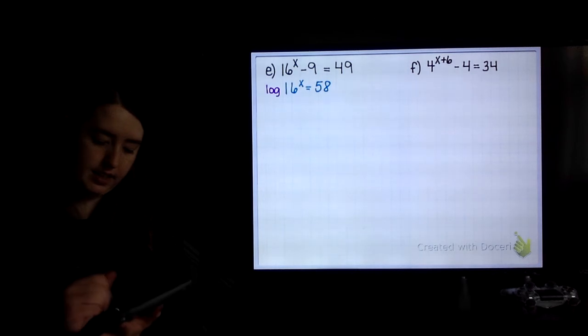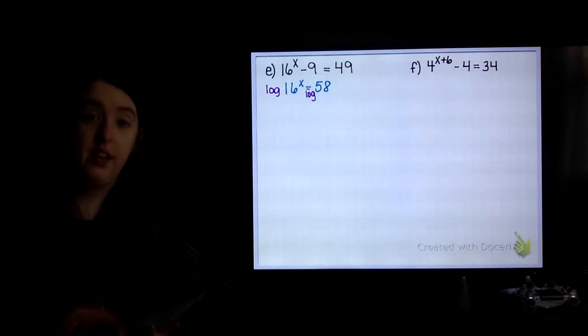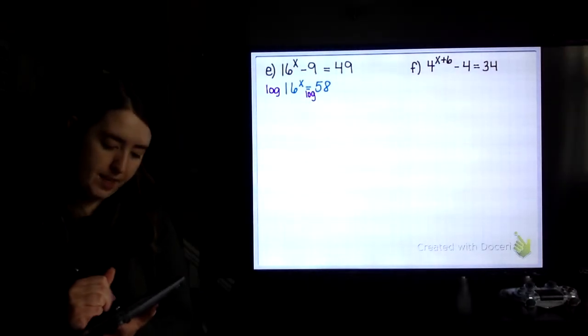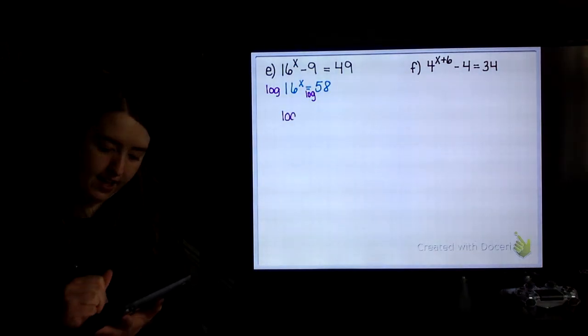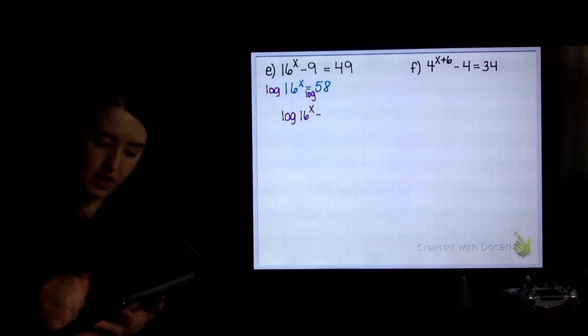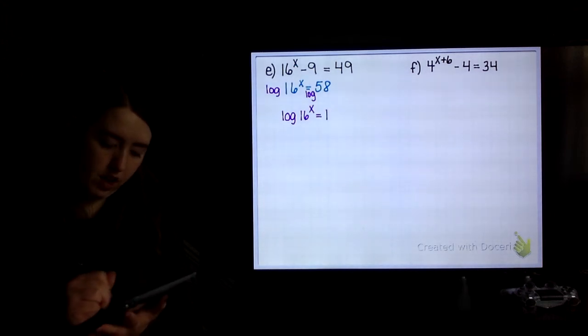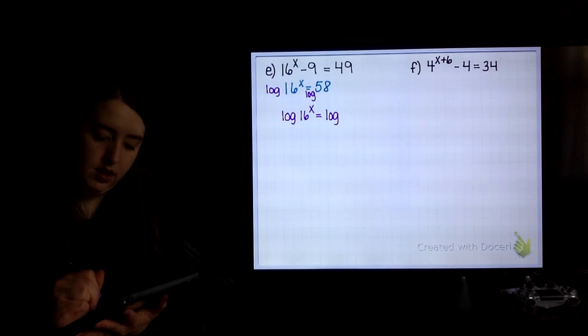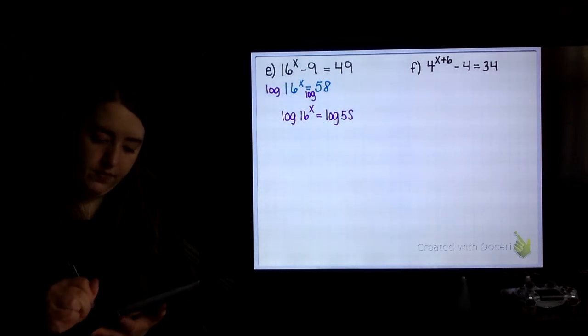I'm going to take the log of this side and the log of this side. So that means that right now I have the log of 16 to the x power equals the log of 58.